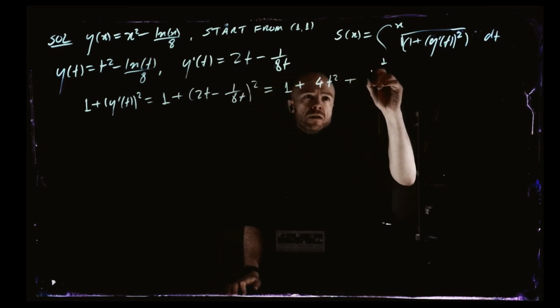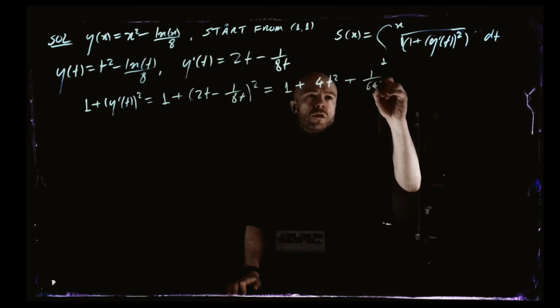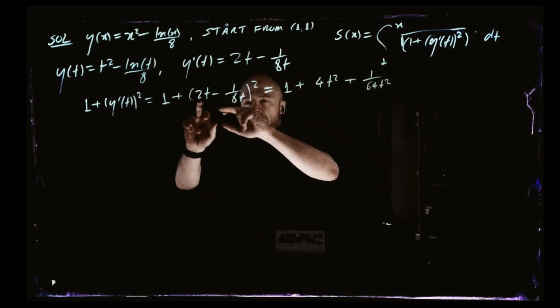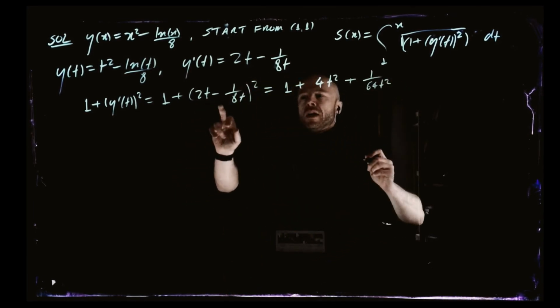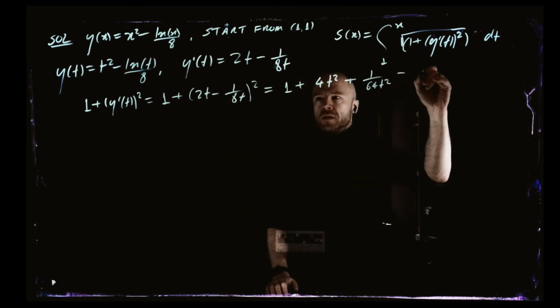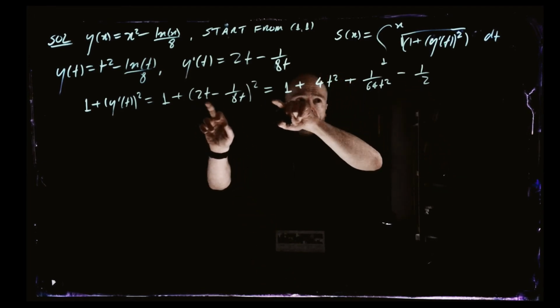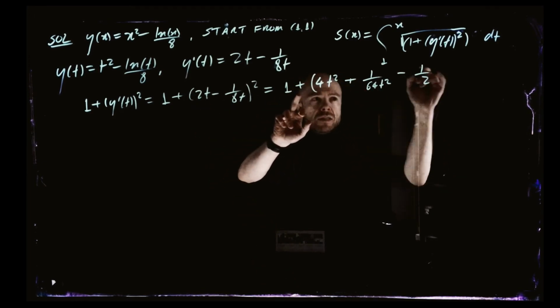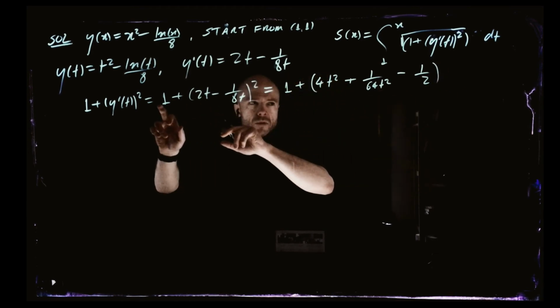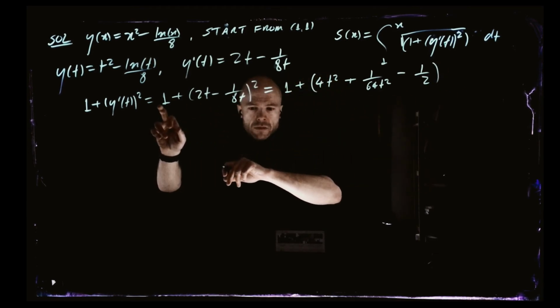It's going to be 1 over 64t squared. And then this times this, and there's 2 of them. We're going to have minus a half, like this. Yeah? And that's this thing squared. This thing over here is this thing squared, and that's our original 1. Everybody with me? Cool.